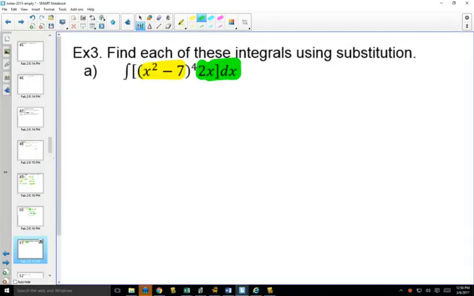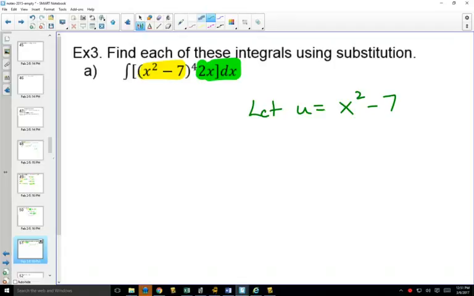We can't work backwards perfectly like our initial example, because normally there would be a number in front and everything would work out nicely, but those numbers in front aren't there. So what we do for substitution is we always let u equal our inside function. And our inside function here is x squared minus 7.